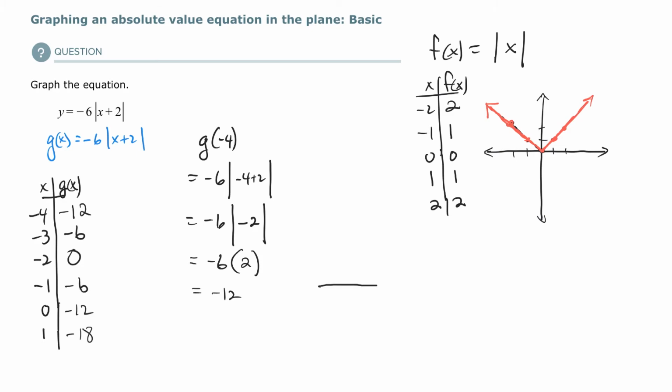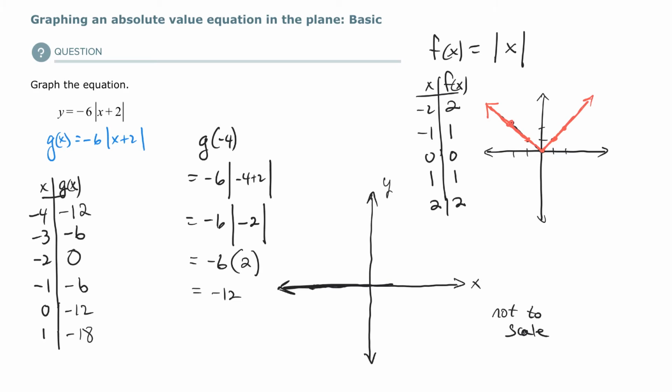So maybe we use a scale of 6 for the y-axis. This isn't going to be perfectly to scale, so let's say it's not to scale. And we have an x and we have a y.